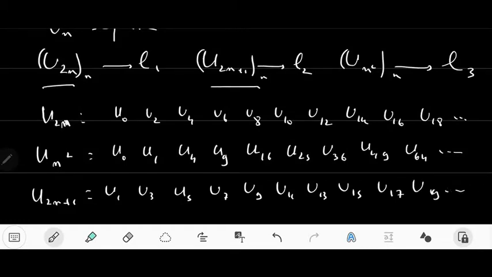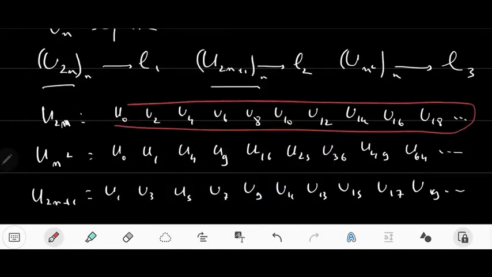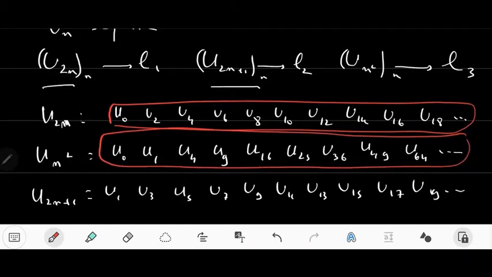So we know that if you have a convergent sequence, any subsequence will be converging to the same limit. So if you take the first one here as being a convergent sequence, which is the case, then any subsequence will converge to the same limit. And if you take this sequence here and take a subsequence from it, it will be converging as well to L3 because u_{n²} is converging to L3.